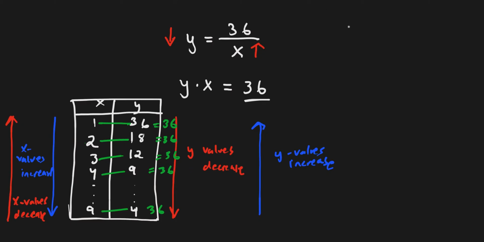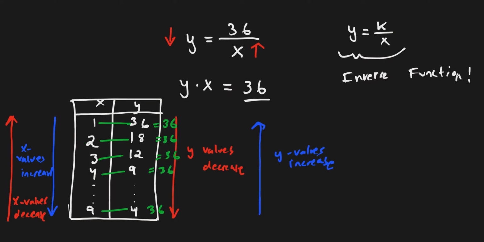So this function is actually in the form y equals k over x. So this is the inverse function form. Now another special thing that you need to think about is that x equals 0 is not a part of the domain. So x cannot be equal to 0. If you think about the x times y property, x times y is always equal to k.